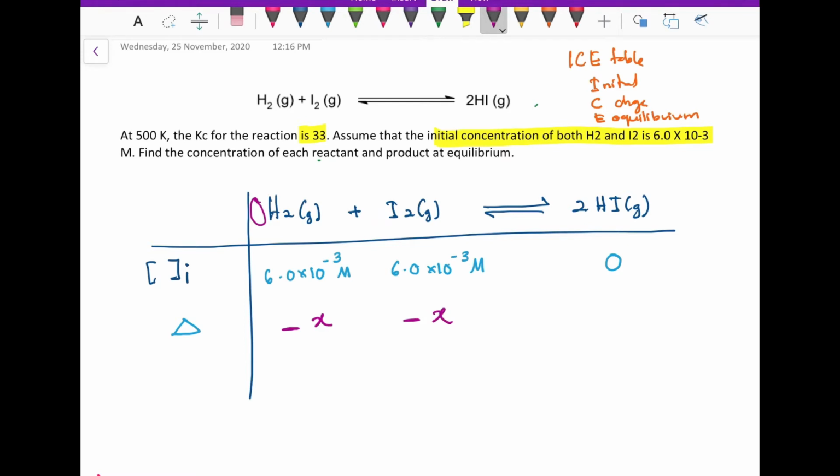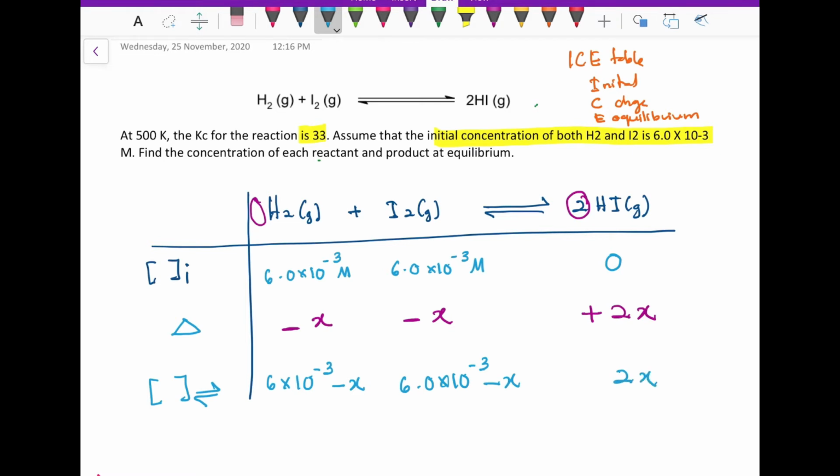But for hydrogen iodide the concentration increases, indicated by a plus sign, and it is 2x because the stoichiometry is 2. And then the concentration at equilibrium is 6.0 × 10^-3 minus x. This is 6.0 × 10^-3 minus x, while this one is 2x. Okay, so this is our concentration at equilibrium.